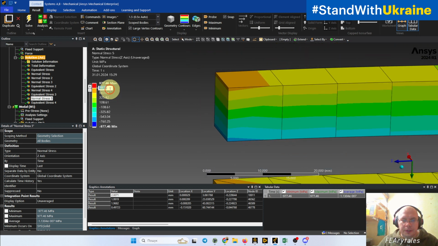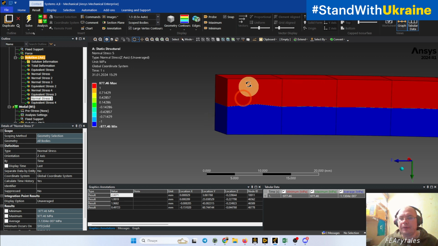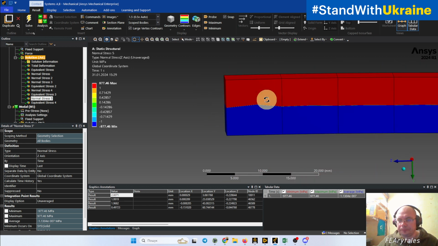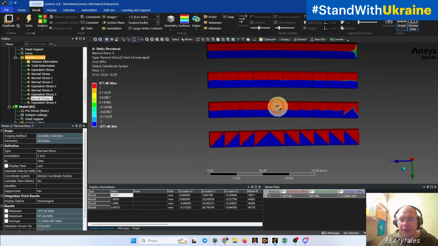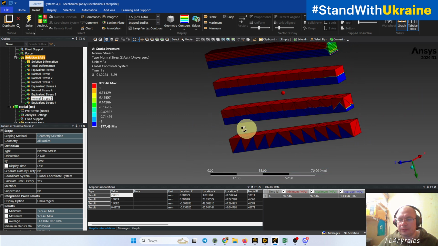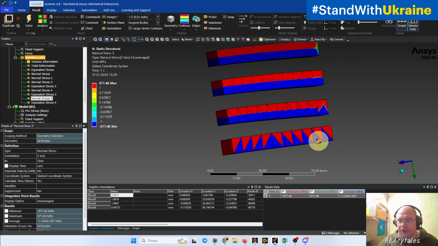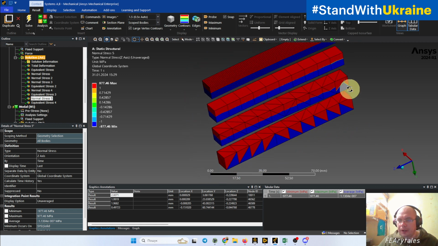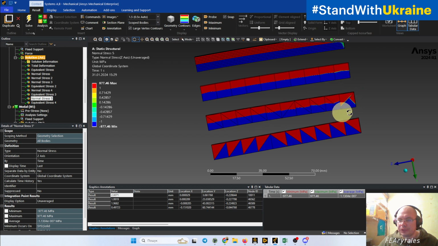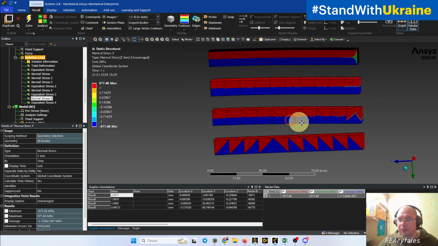And if we do something like this, so everything red is tensile, everything blue is compressed, we can see how it changed, and we can see that here it's very non-accurate. Here we have a very smooth result, only here, because of forces, we have some problem.